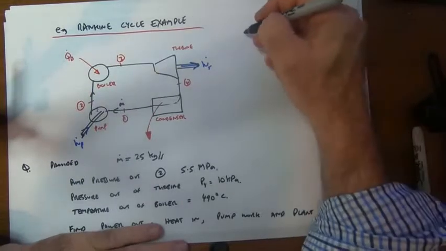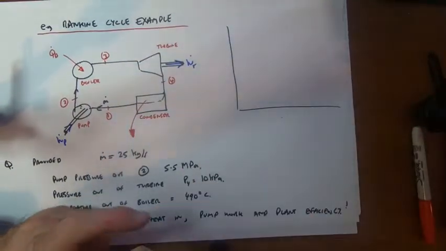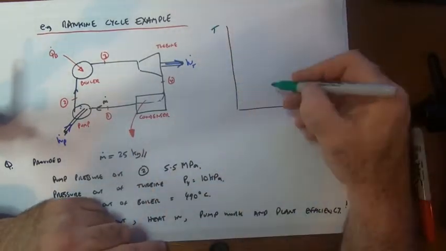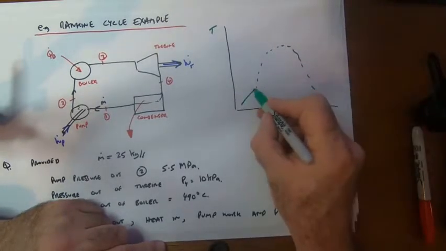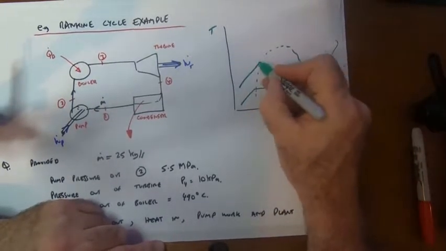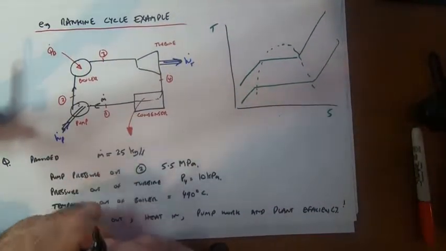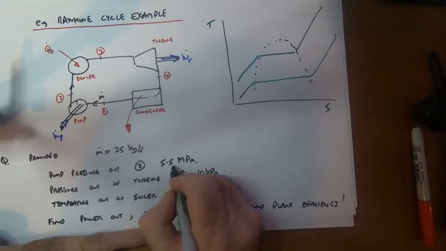Once we've got that information, we should draw the TS diagram. So we'll draw the T and the S. We should always draw this. Draw the vapor dome, and then the interrupted pressure lines. So we can start to label some of the stuff. We know the maximum pressure out is going to be the 5.5.